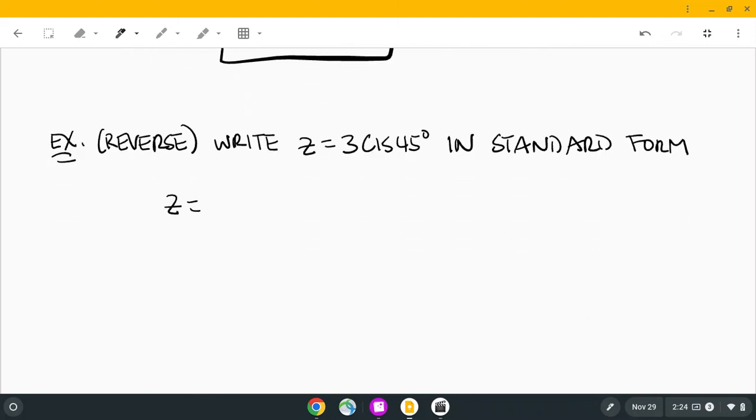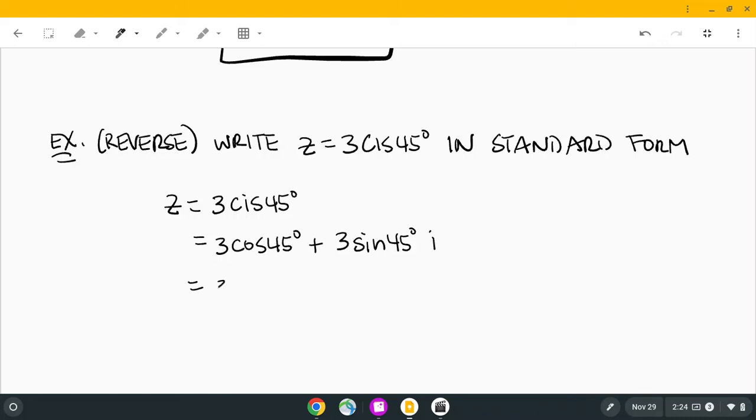So z equals 3 cis 45 degrees. That's the same thing as saying 3 cosine 45 plus 3 sine 45 i.